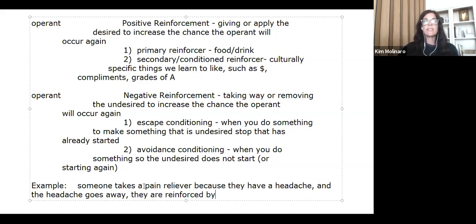So someone takes a pain reliever because they have a headache. That's the operant. The consequence is the headache goes away. Then we're going to code the consequence, the headache going away. And when the headache goes away, they're reinforced by negative reinforcement, removal of the undesired headache, but it had started, right? And then they took it to make it go away. Therefore, it is escape conditioning.